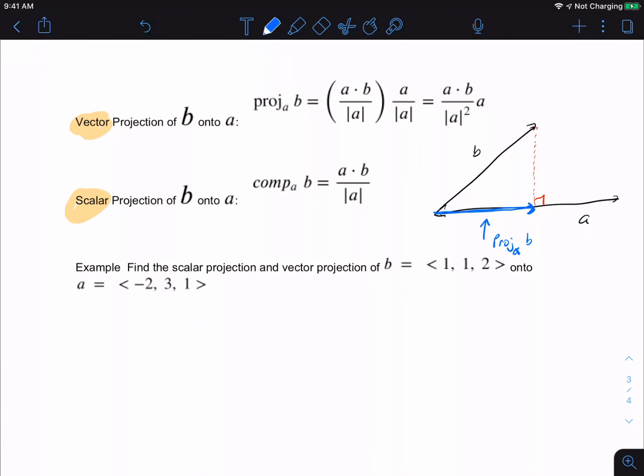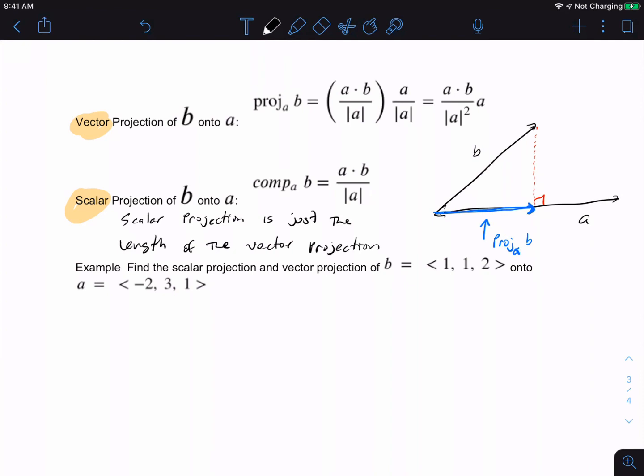Now the scalar, what the scalar is, is the length, and I'll write that down just so you guys know. The scalar projection is just the length of the vector projection.